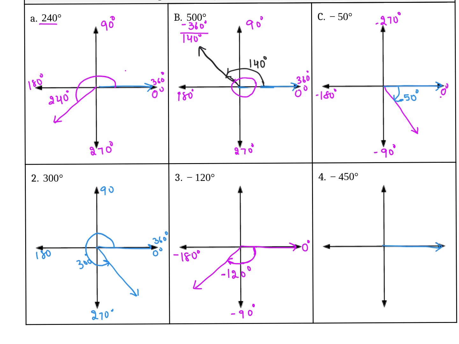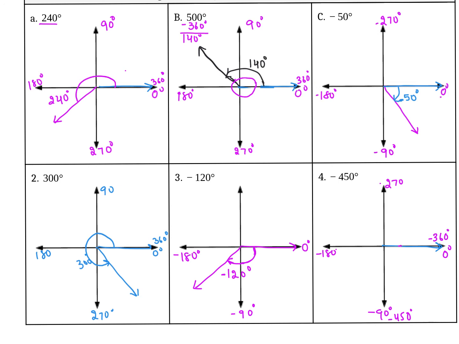Negative 450. Original side 0 degrees, negative 90 degrees, negative 180, negative 270, negative 360, and negative 450, because negative 360 and negative 90 makes negative 450.